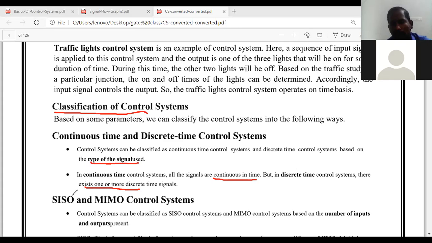For MIMO, an example is driving a car, which is an example of a multiple input, multiple output control system, right? Okay, sir.